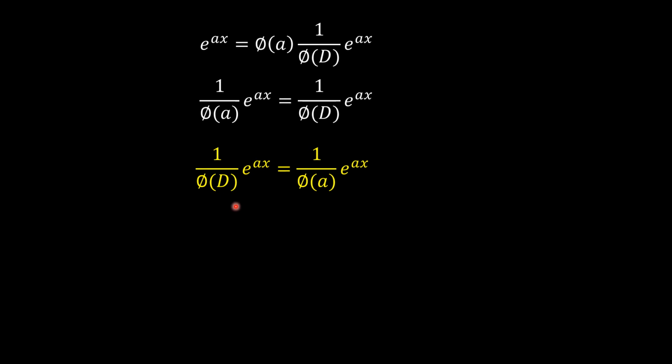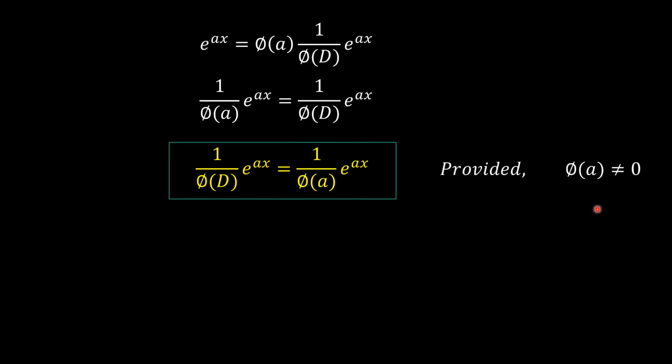To get the particular integral in case of the function e raised to ax, we simply have to replace D by the coefficient of x, which is a here, in the exponential function. That will give us 1 upon phi of a into e raised to ax. But what is the condition? This denominator must not be 0. That is, provided phi of a is not equal to 0.